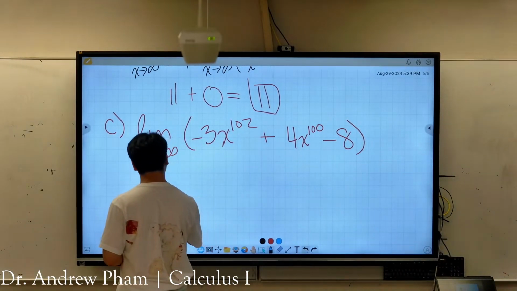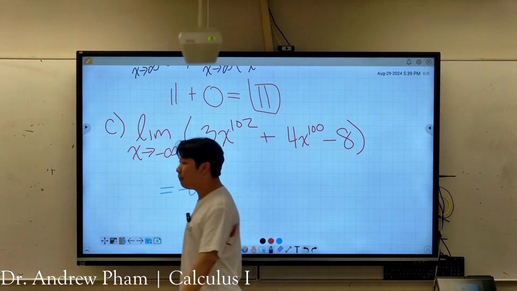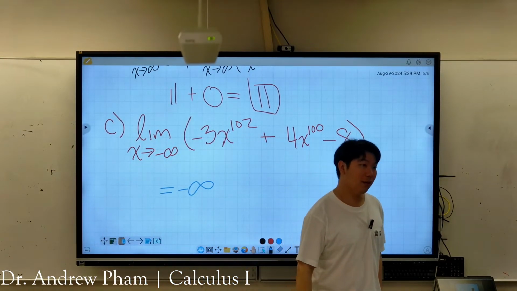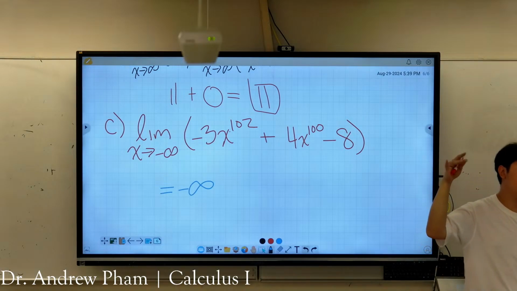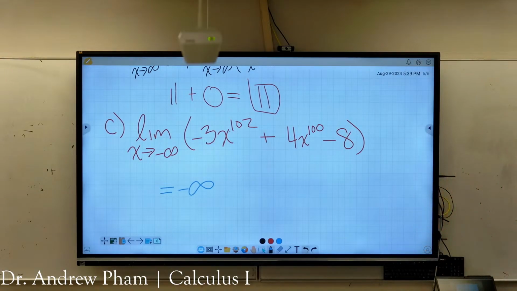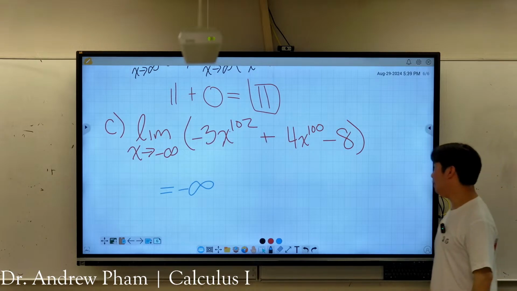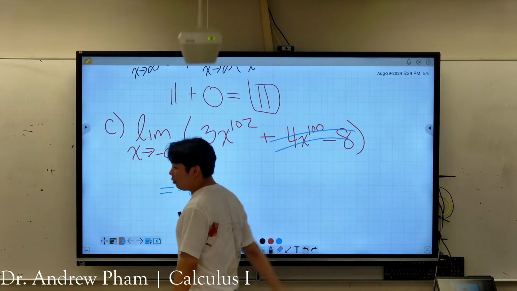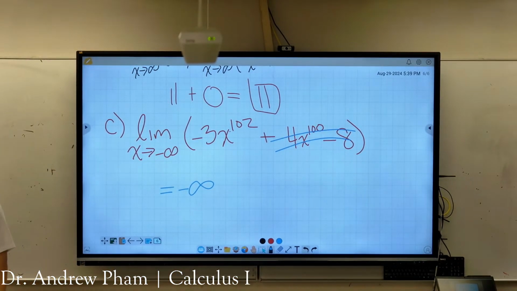Let's see why. Is this a polynomial? Does it look like just a number, x to a positive power, all the way down? Yeah, I don't have any negative powers, so I'm not worried about splitting. Therefore, I'm just ignoring the lower ordered terms. What's my power? Is it even or odd? Even.